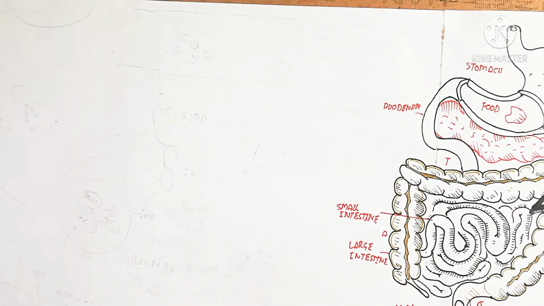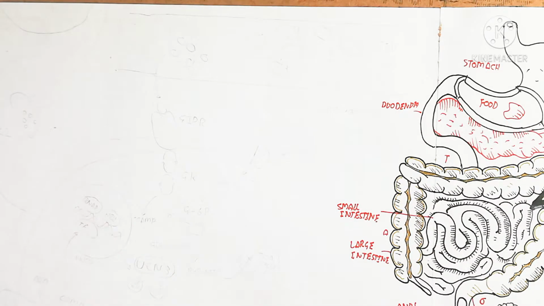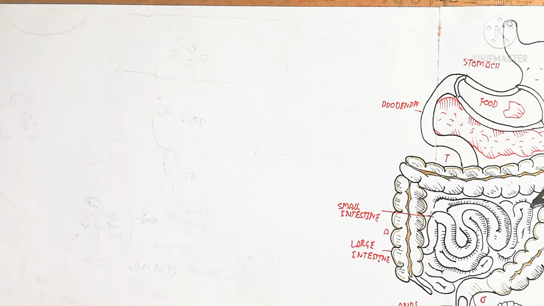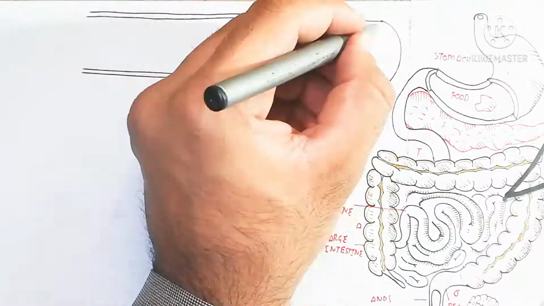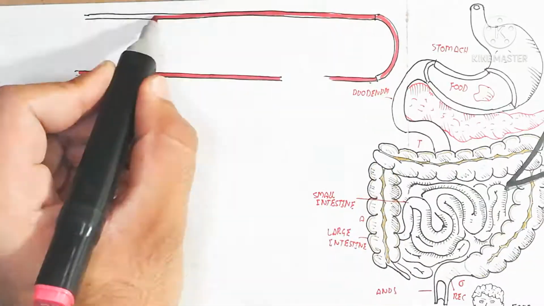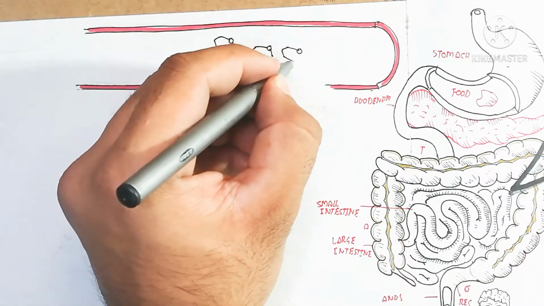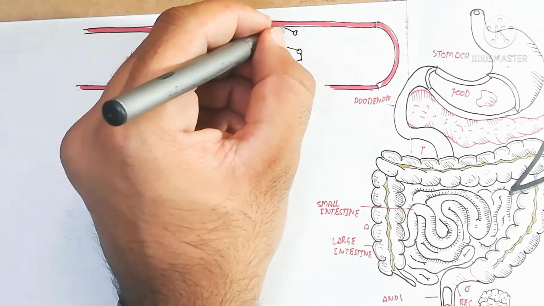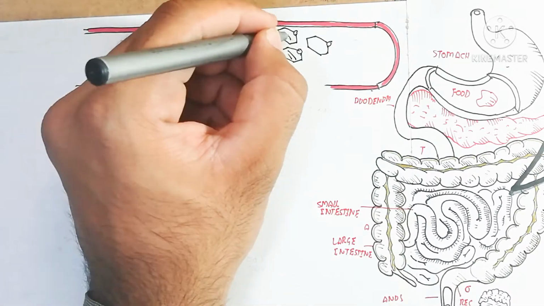Here we are just talking about the stimulation of the pancreatic cell. The enteroendocrine cell will produce glucose-dependent insulinotropic hormone. The insulinotropic hormone is also known as an incretin.